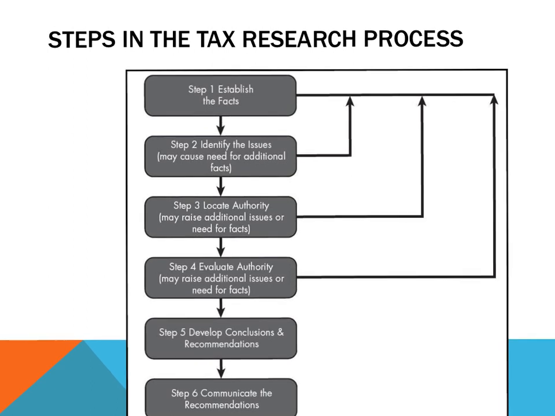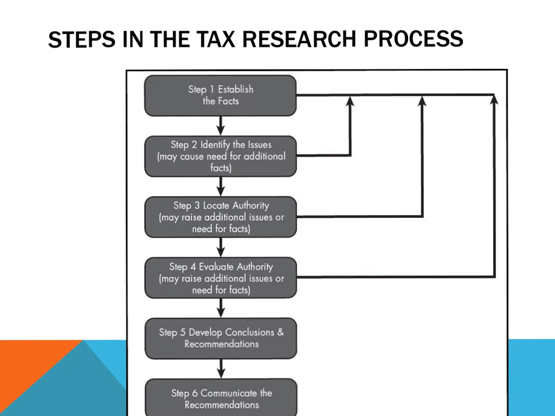All right, so this slide talks about the steps in the research process, and these are all really good steps, and it's a great visual. The thing that I want you guys to focus on with this slide is that this is not a one-way process. This is an iterative process, okay?